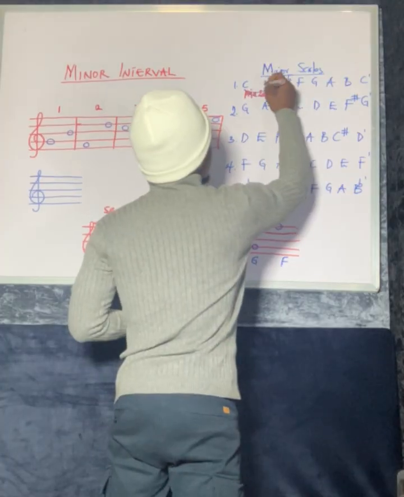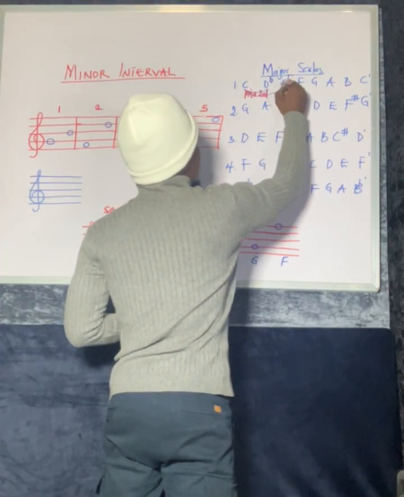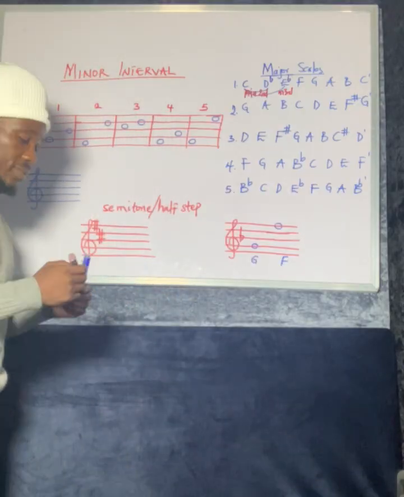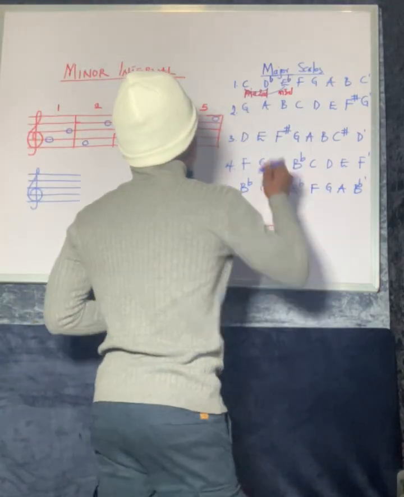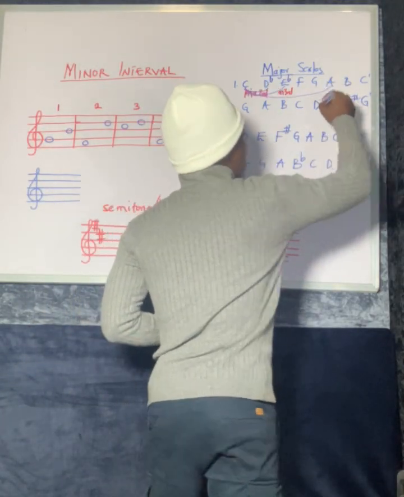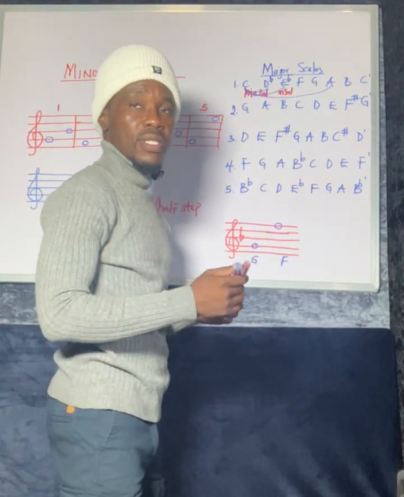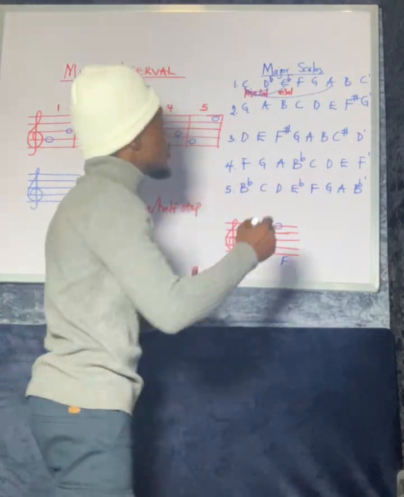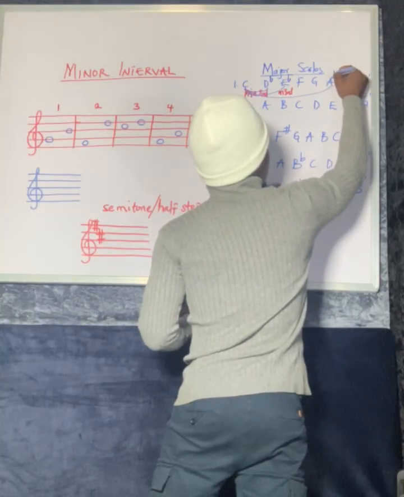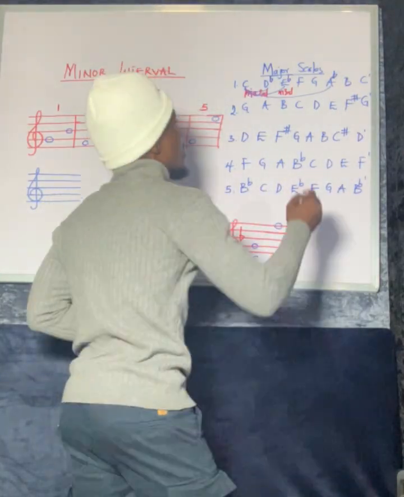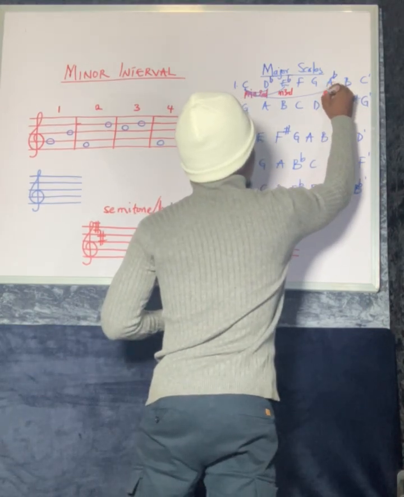Then C to E flat, minor third. All right. Then C to A, which is the sixth note, is a major sixth. But the moment the A gets reduced, it becomes A flat. Therefore, C to A flat is a what? A minor sixth.